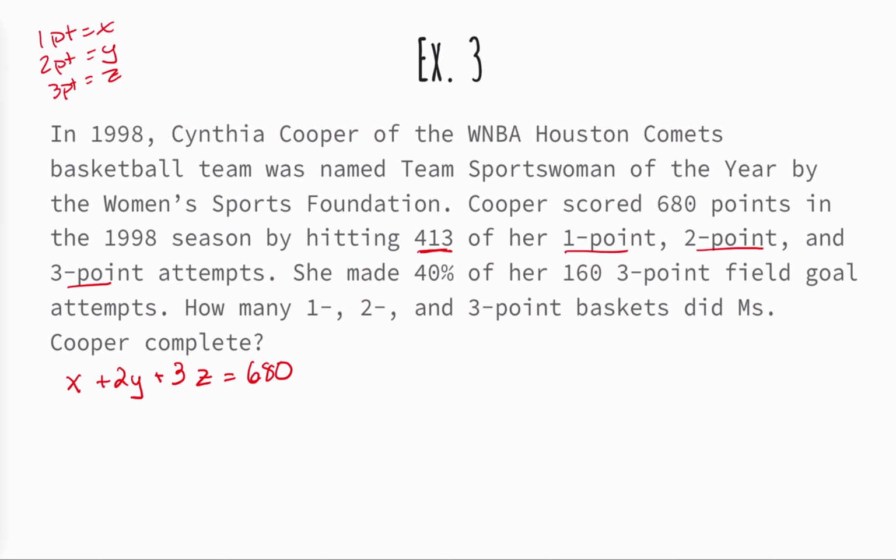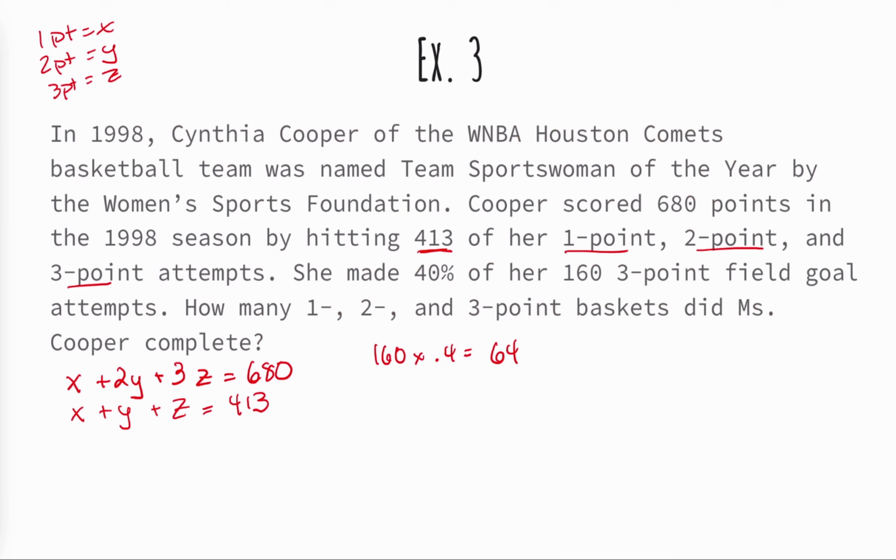She hit 413 of her shots. So x plus y plus z equals 413. She made 40% of her 160 3-point field goal attempts. So 160 times 40% is 64.